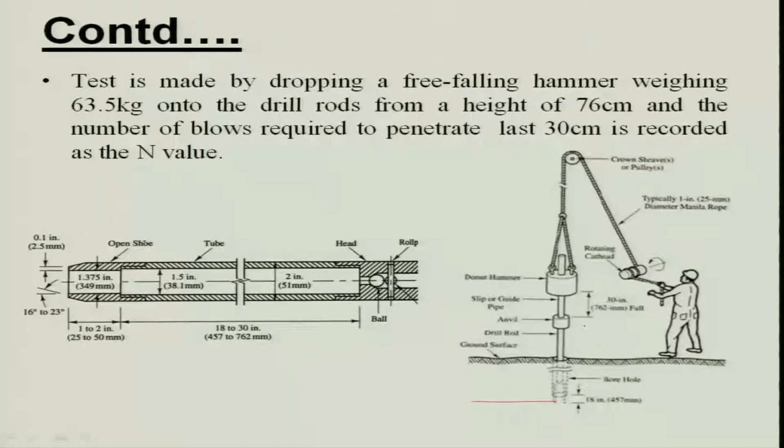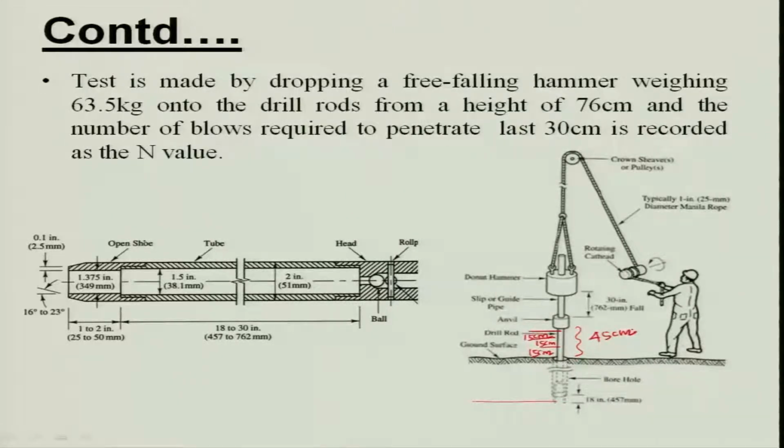Suppose this is your drill rod. You raise the hammer and drop it, and you mark the scale here 15 centimeter, then another 15, then another 15. In total you penetrate 15 plus 15 plus 15, 45 centimeter.